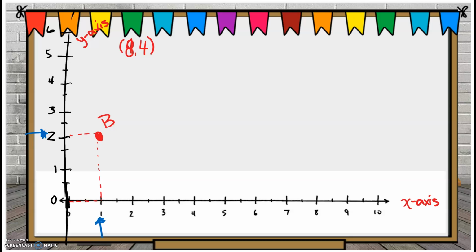And then from 8, I'm going to go straight up to 4. And here is my point, 8, 4. I'm going to show that I was precise by drawing my dotted lines down to the 8 and across from the 4 to show 8, 4.